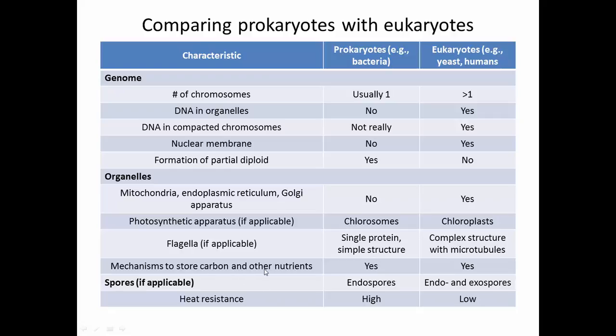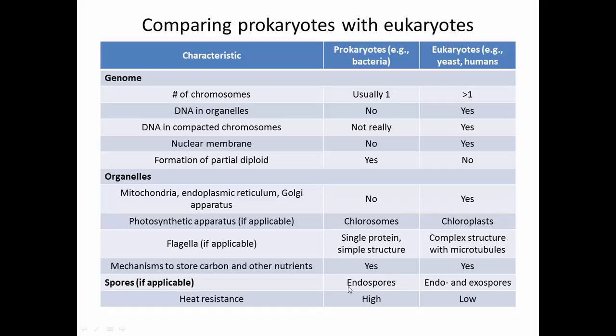Both have mechanisms to store carbon and other nutrients. Bacteria can store it as bioplastic. They can store it as starch. They can store it as lipids. Eukaryotes can do the same thing. Plant cells can store starch, and our adipocytes can store lipids. Spores, some bacteria can sporulate.